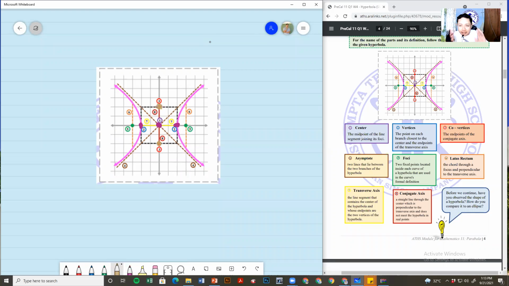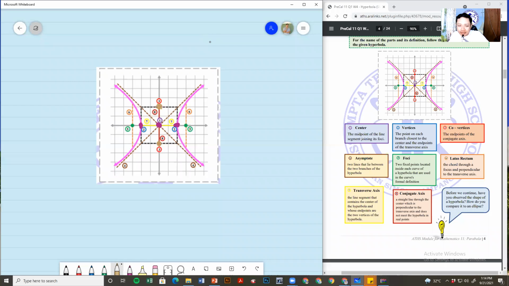Because later on, as we do the graphing, after getting the center, we will find the distance for the vertex and the co-vertices. And then we will draw a square or a rectangle. And from there, we will draw our transverse axis. And then from there, we will be able to draw our hyperbola. Okay, don't worry. I am telling you, it's very easy.